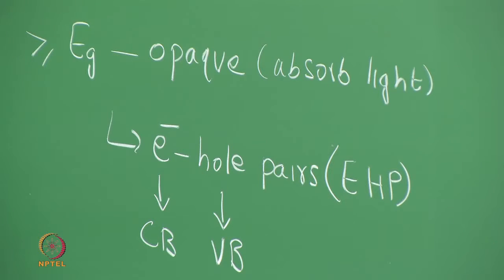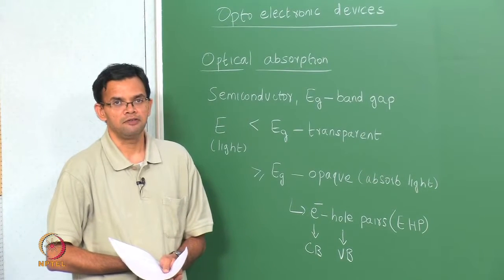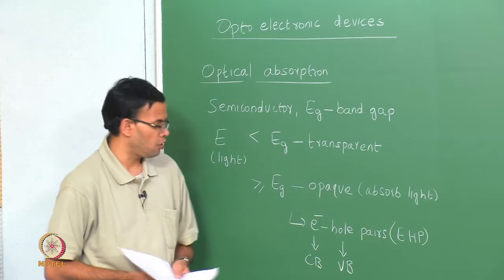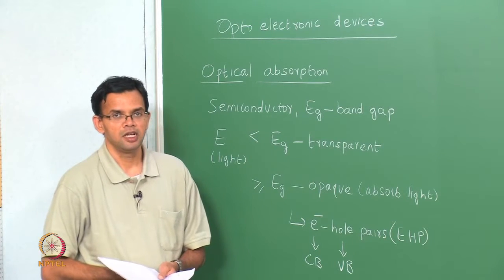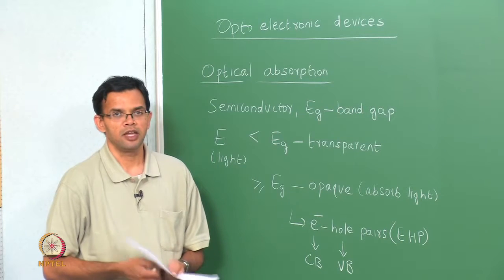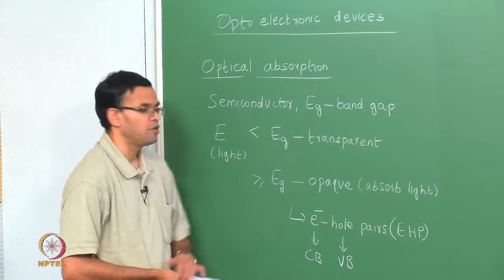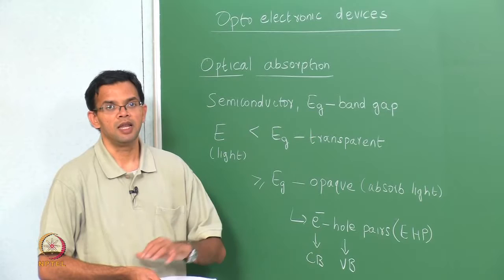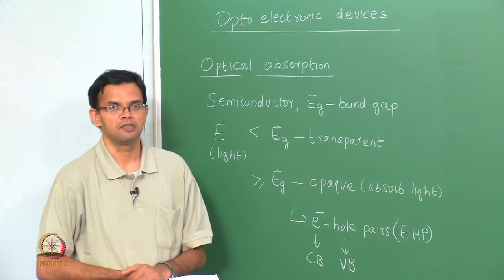We have looked earlier at the concept of density of states and the Fermi function. We found that at room temperature, most of the electrons are located close to the conduction band edge and most of the holes are located close to the valence band edge. So, when your electron hole pairs are created, they will essentially thermalize to the edges of the valence band and the conduction band.